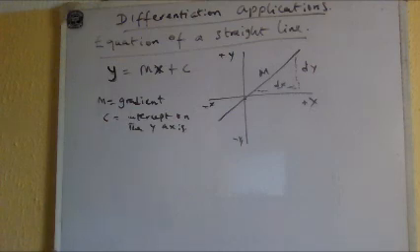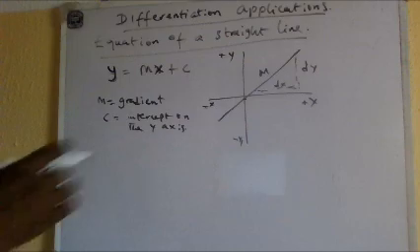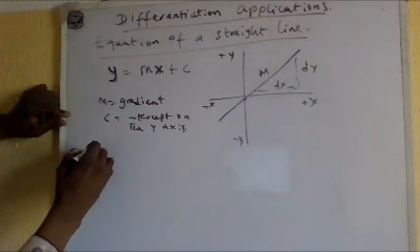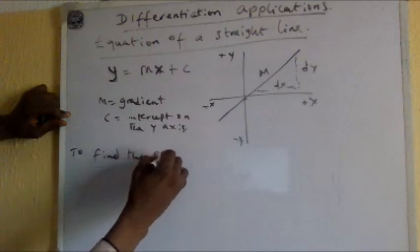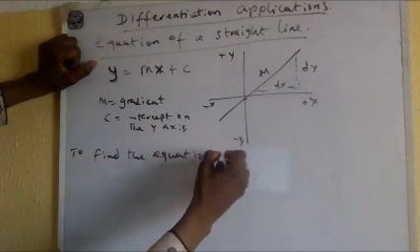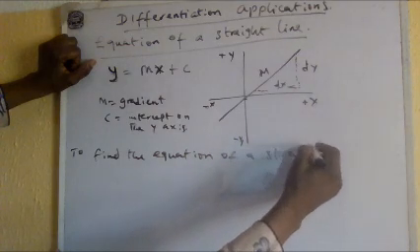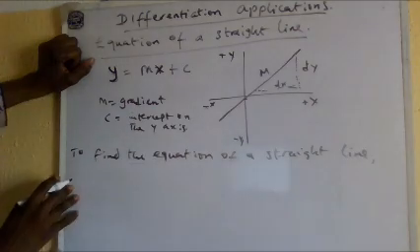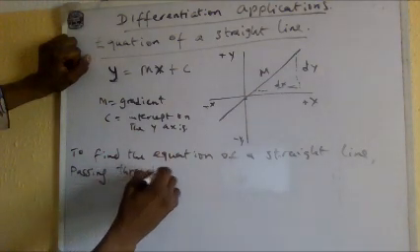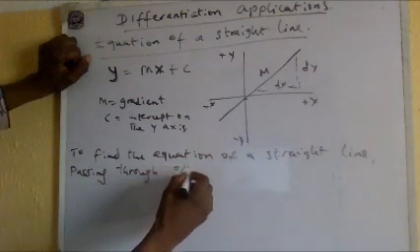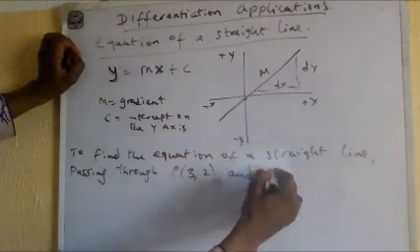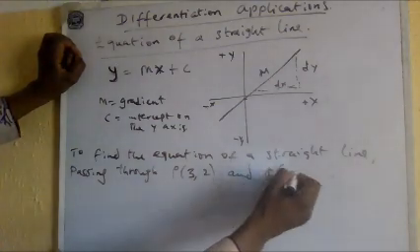Okay, so if you are given points on this line, for example, to find the equation of a straight line passing through P, we're given the points 3 and 2, and point Q, we're given the points -2 and 1.